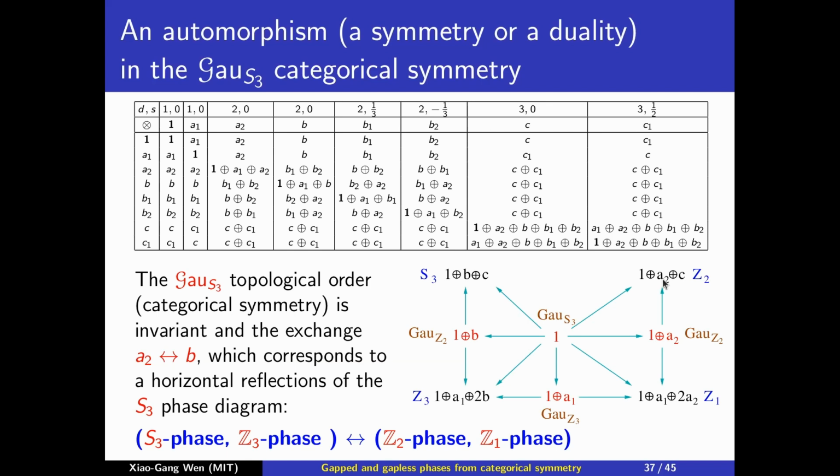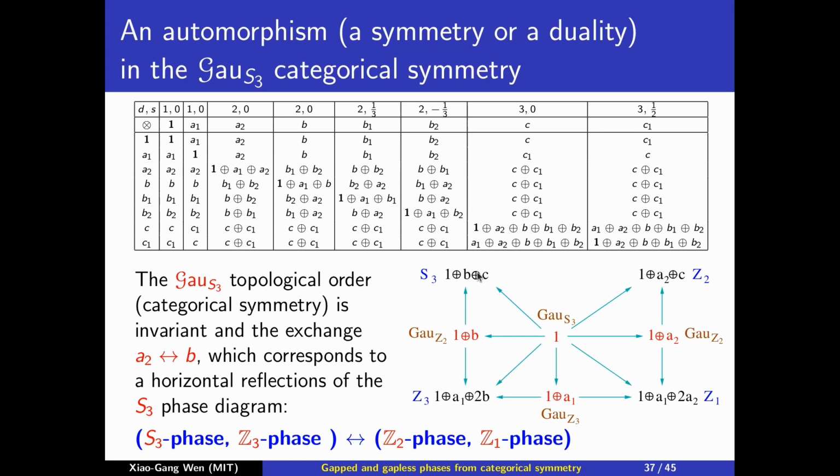And this is something more concrete you can say: by studying the automorphism, this self-duality of this categorical symmetry, we can map phases into each other and make statements about phase transitions. Certain phase transitions are identical or related.